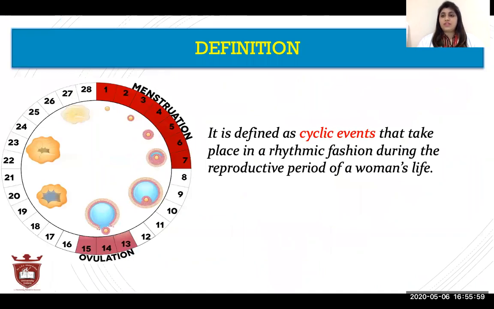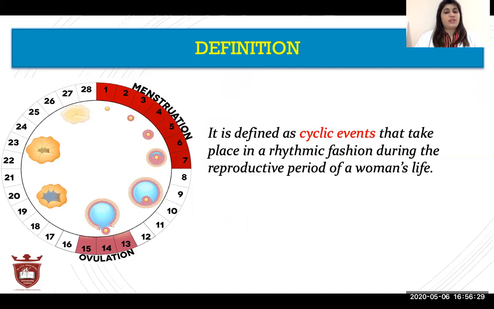So, what is a menstrual cycle? Menstrual cycle is nothing but the cyclic events. What do cyclic events mean? Which appear in a rhythmic fashion, in a systemic manner. That's why it is called the menstrual cycle. And it occurs during the reproductive period of a woman's life.